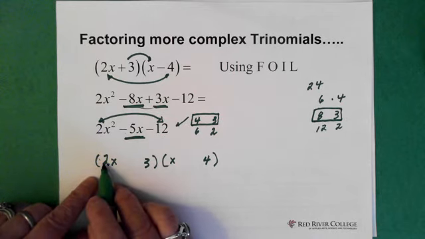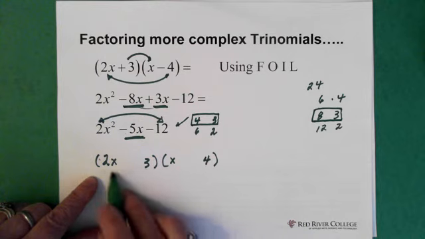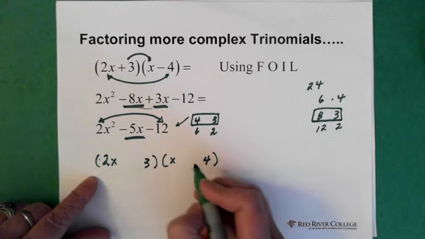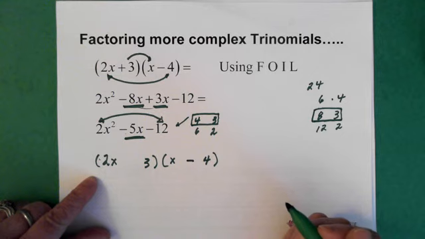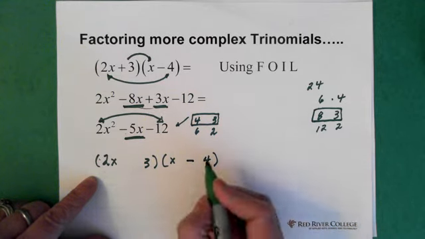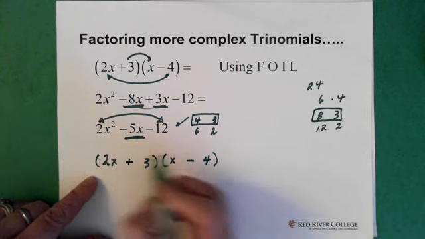So that means that the 2 times the 8, that 8x should be the negative. So then that tells me that the negative sign probably goes there. So I put the negative in front of the 4, and I put the plus here.